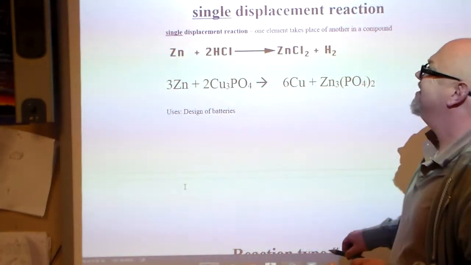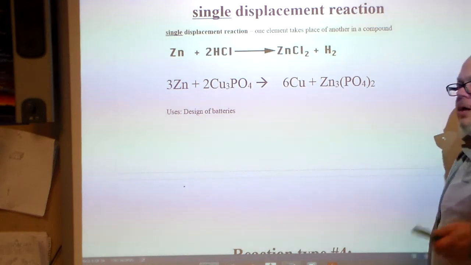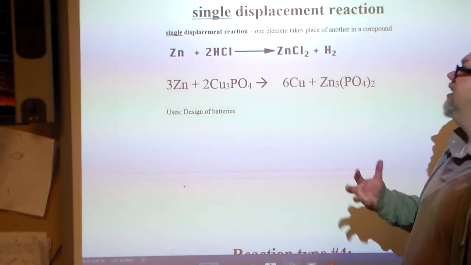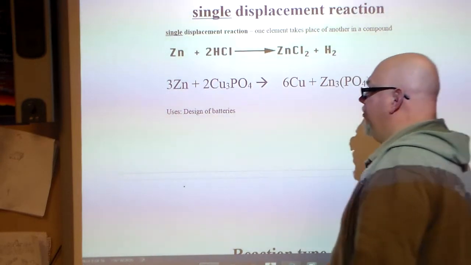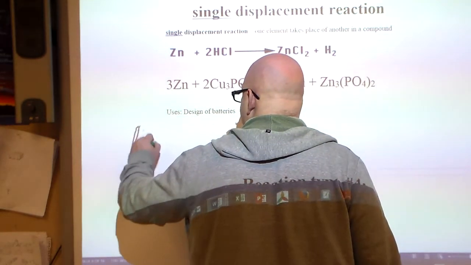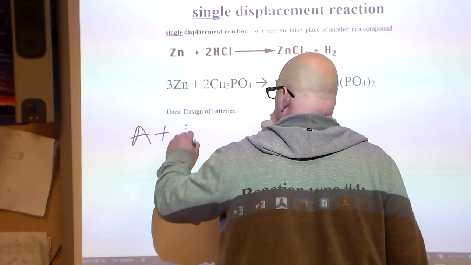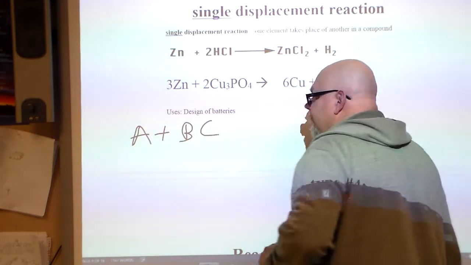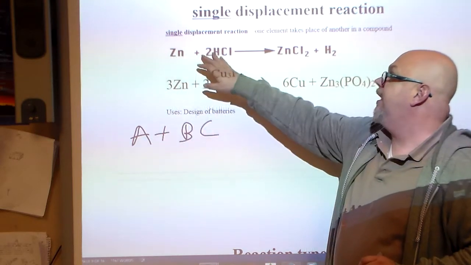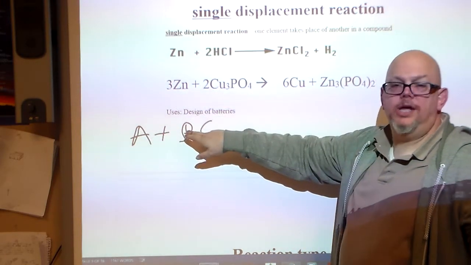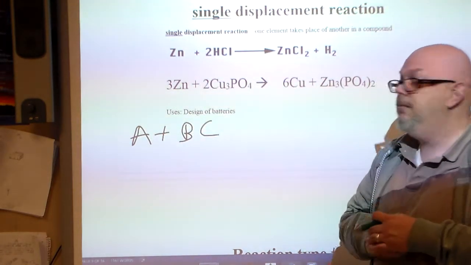When we look at a single displacement, one element takes the place of another in a compound. If I use letters, let's go with A plus BC. A could represent something like zinc, and BC like HCl, so the B is the H and the C is the Cl.